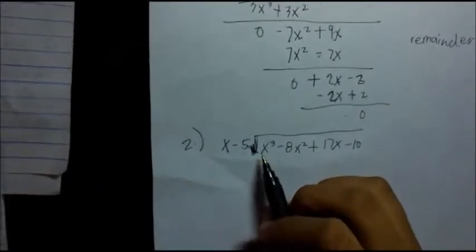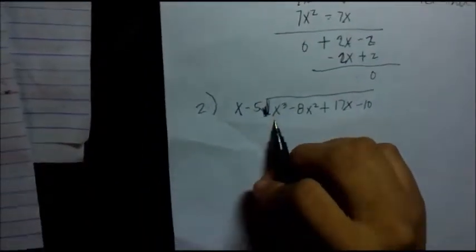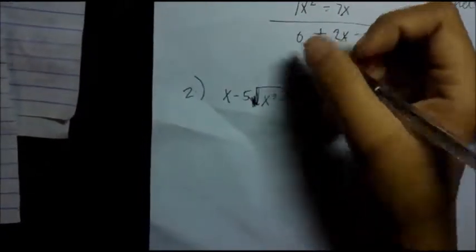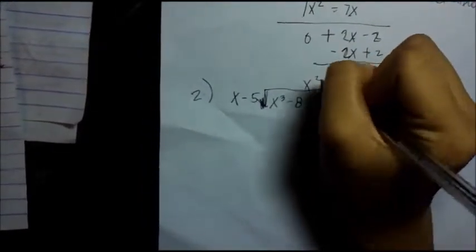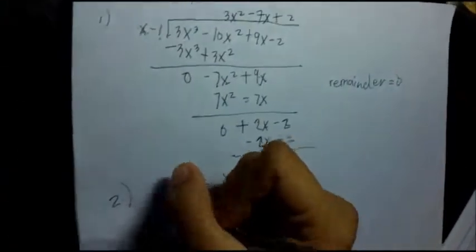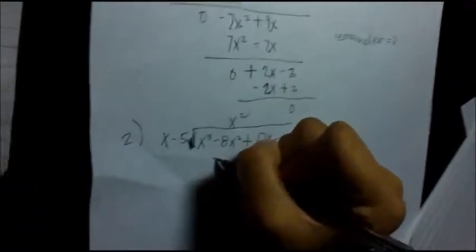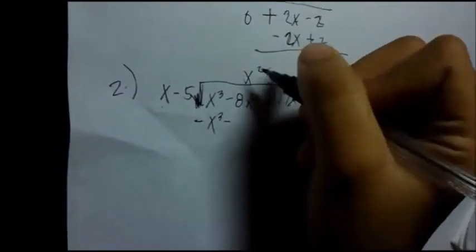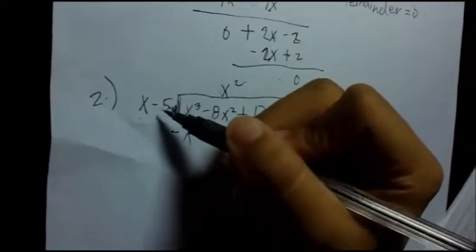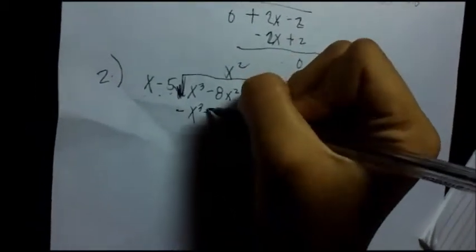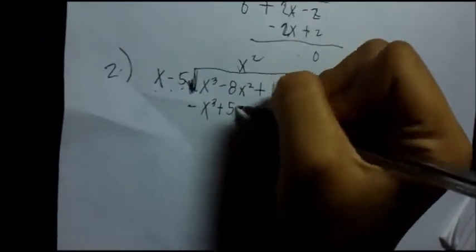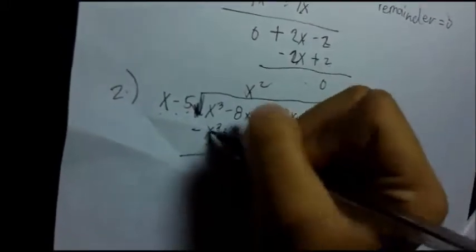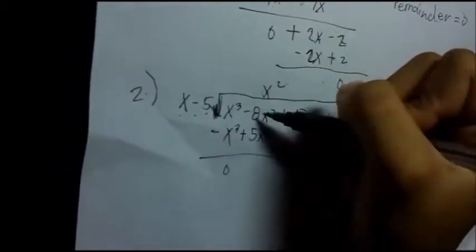Then, x cubed divided by x is x squared. x squared times x is equal to negative x cubed. Then, x squared times negative 5x is positive 5x squared. So, 0.